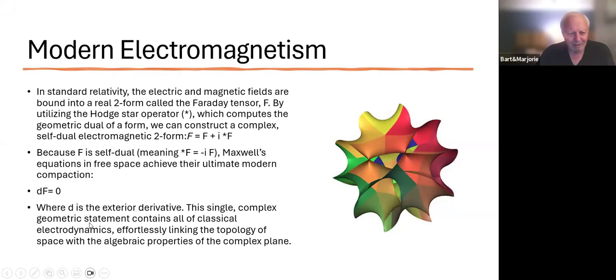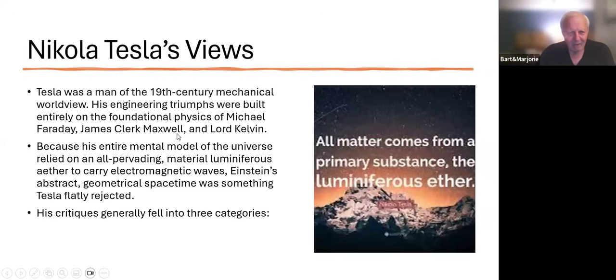So this single complex geometric statement contains all of classical electrodynamics, effortlessly linking the topology of space and the algebraic properties of the complex plane. Nikola Tesla entered into these activities. He was a man of the 19th century, and he had a very mechanical worldview.